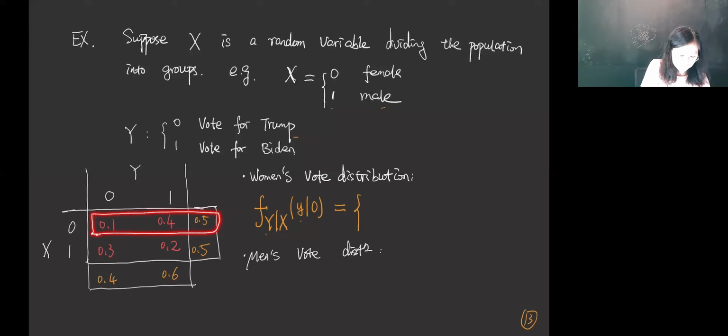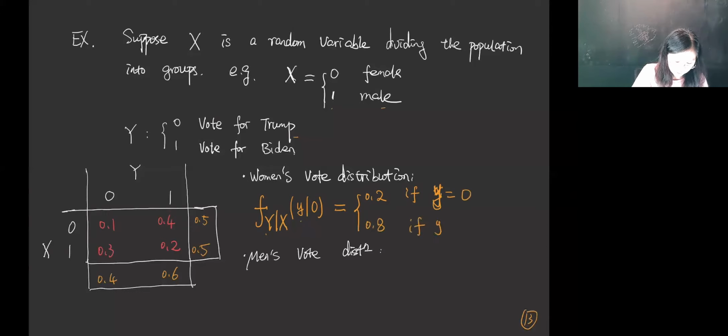The conditional distribution of y, given x equals 0, is given by 0.1 divided by 0.5. That's 0.2 if we are considering the vote for Trump, and it is 0.8 if y equals 1.